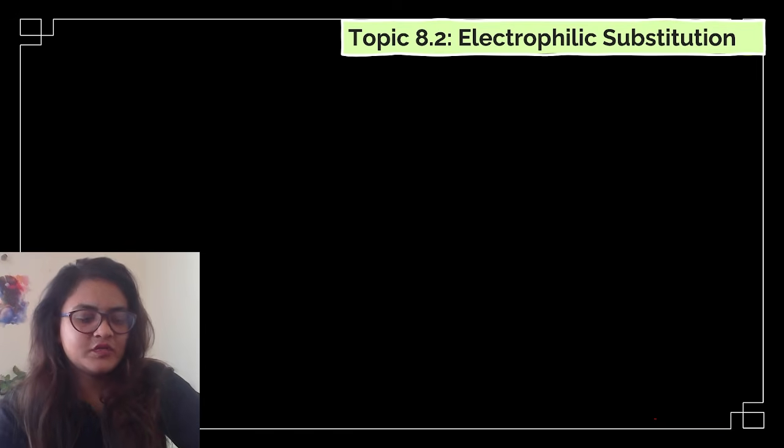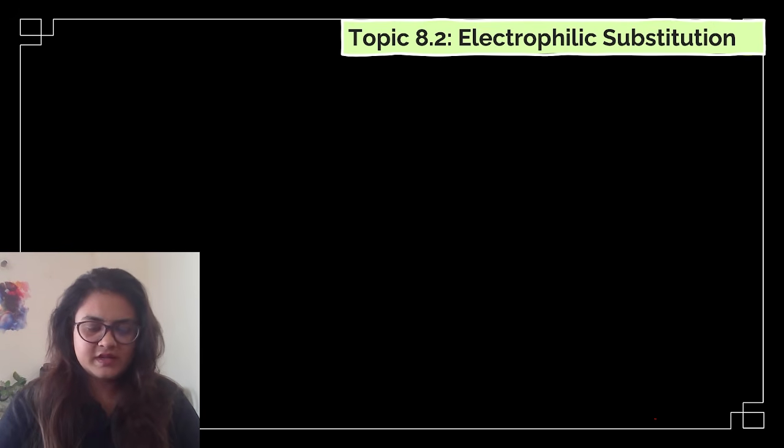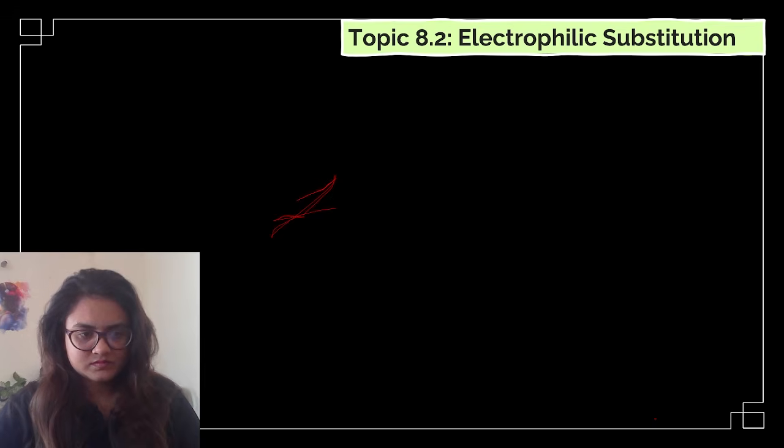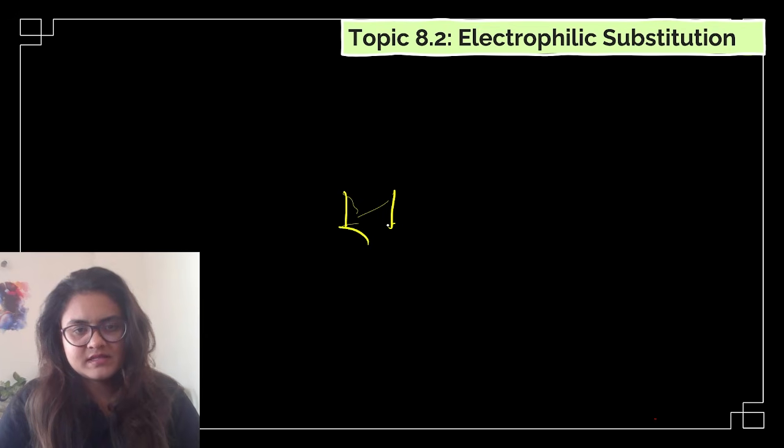So here comes electrophilic substitution. Electrophilic substitution can be of different types. Let me show you one by one. Let's say I am having benzene with X. Now you can see from here what type of thing I can make due to electrophilic substitution.